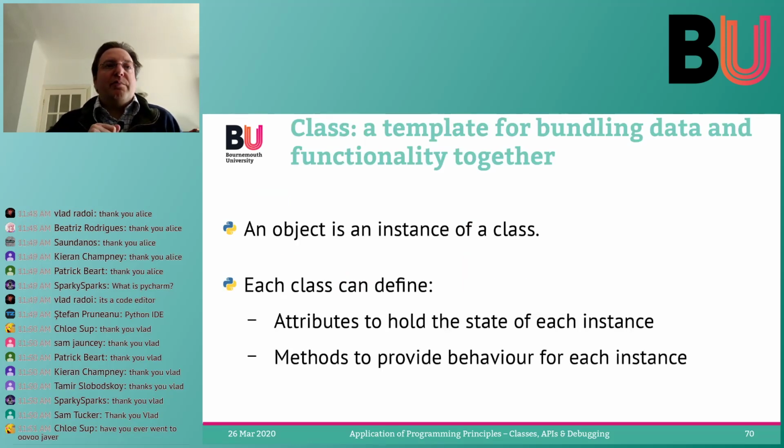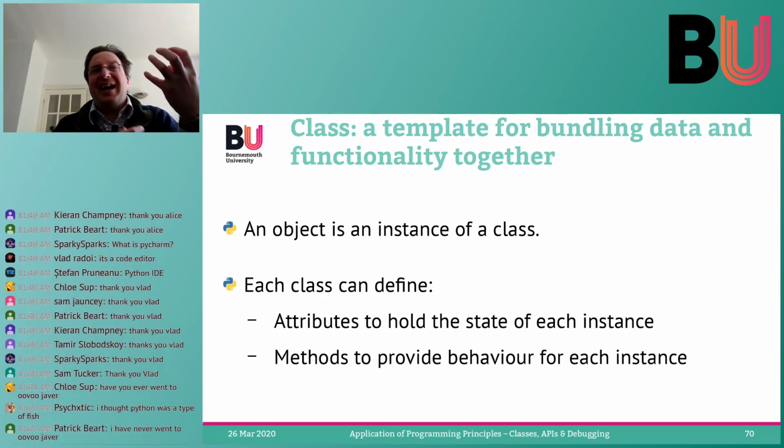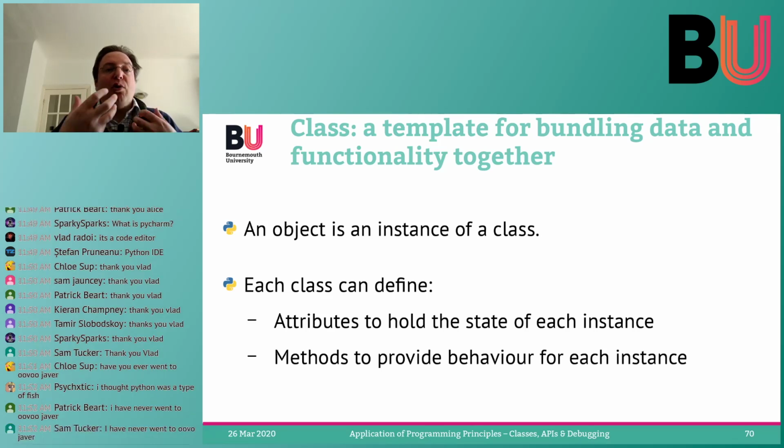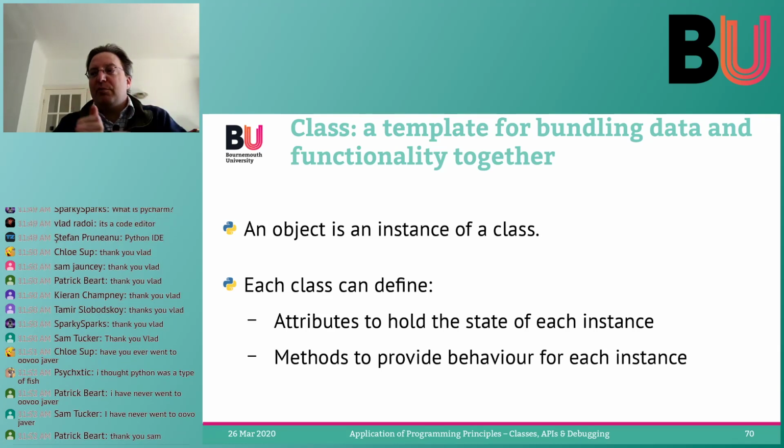So basically what a class does, it allows you to bundle data and functionality together, and that's where the strength of classes is. So you can define attributes for a class to hold the state, and then you can combine things. Like if you have a coordinate, you can have an x and a y value together.